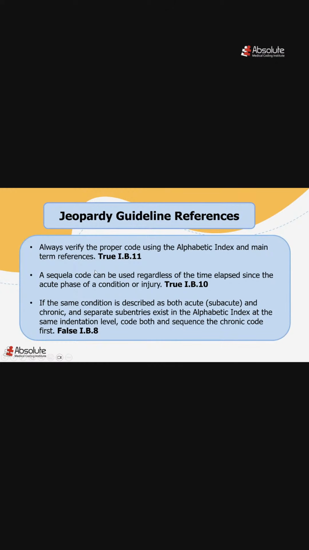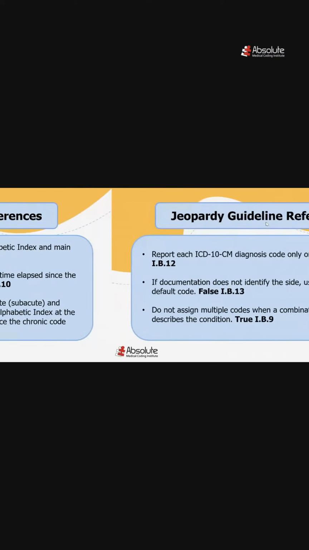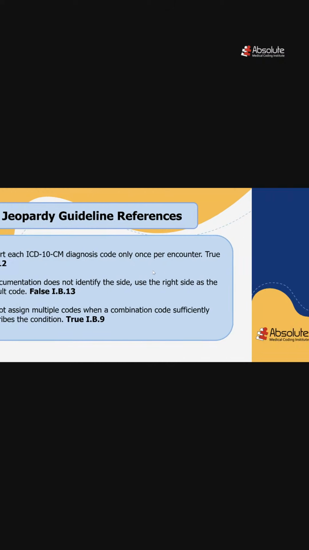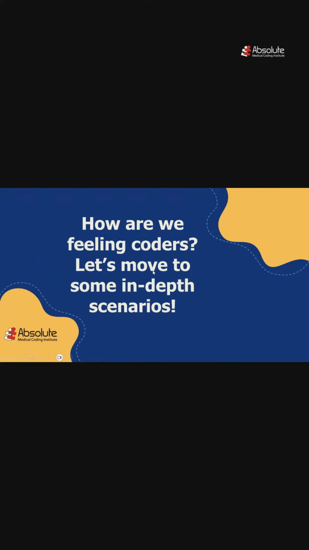Again, the question, the answer, the guideline reference. And then last but not least, this was our last column. Again, question, answer, and our guideline reference. These guideline titles are going to be from the MCG manual, but obviously you can follow them in the ICD-10-CM manual as well.